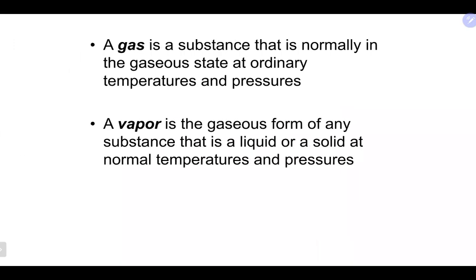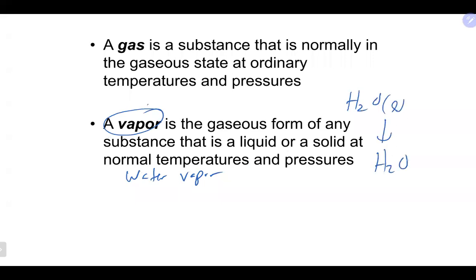There is a difference between the terminology gas and the terminology vapor. A gas is any substance that under normal conditions is found in the gas state. A vapor, on the other hand, is any gas form of a substance that normally is found in the liquid or solid state. An example of that is what we were just talking about, water. We usually call it water vapor, because water is usually a liquid, but you can convince it to go into the gas phase.